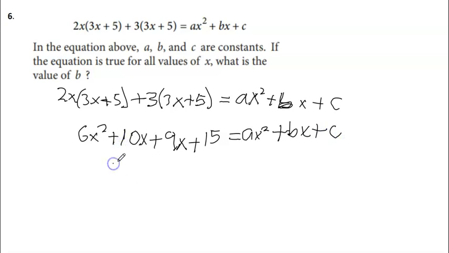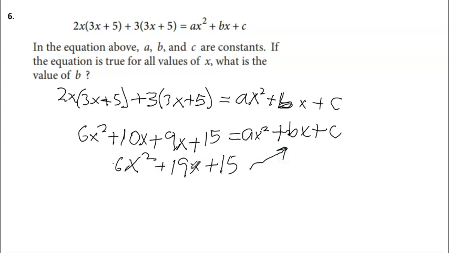So let's try and simplify the left-hand side. So left-hand side, we're going to have 6x squared. 10x plus 9x is what? 19x plus 15. And this is equal to that, right?